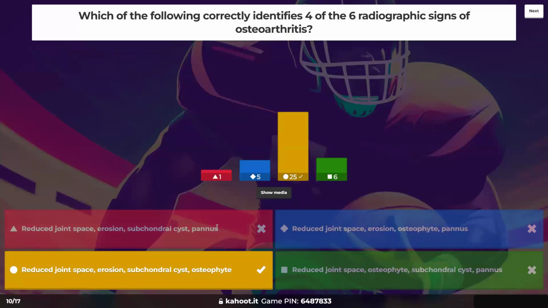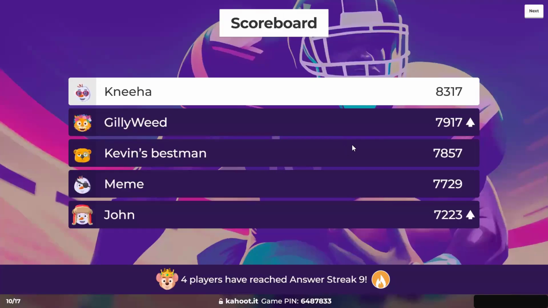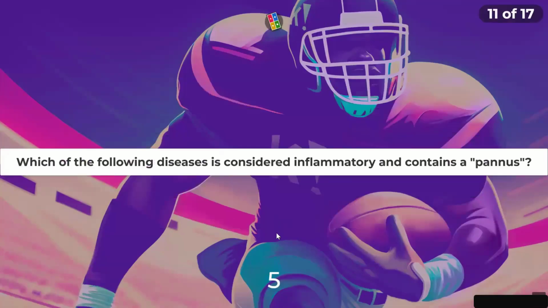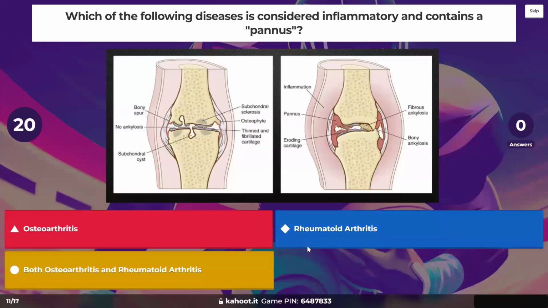That correlates with the inflammation, the granulation tissue in rheumatoid arthritis, not in osteoarthritis. But reduced joint space, erosion, subchondral cysts, and osteophytes are all in arthritis. All right, got a little change there. Which of the following is considered inflammatory and contains a pannus? You probably already know the answer.